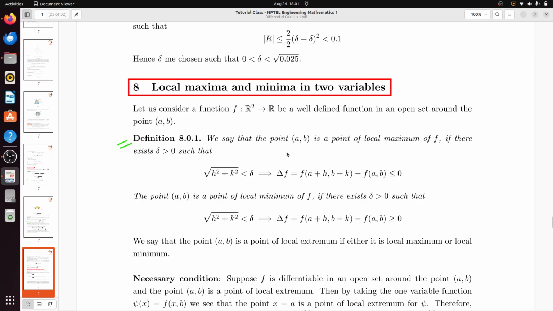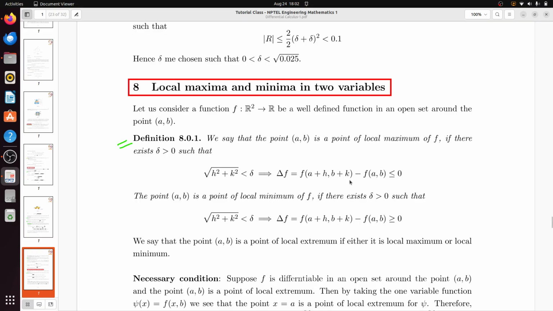Here also you need an open disk. There should exist delta greater than 0 such that square root of h square plus k square is less than delta, and f of a plus h comma b plus k will be less than f(a,b).